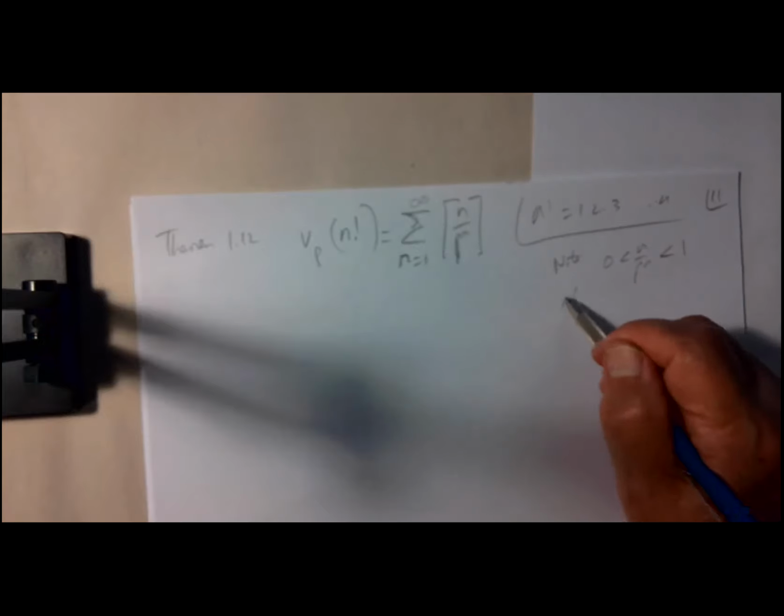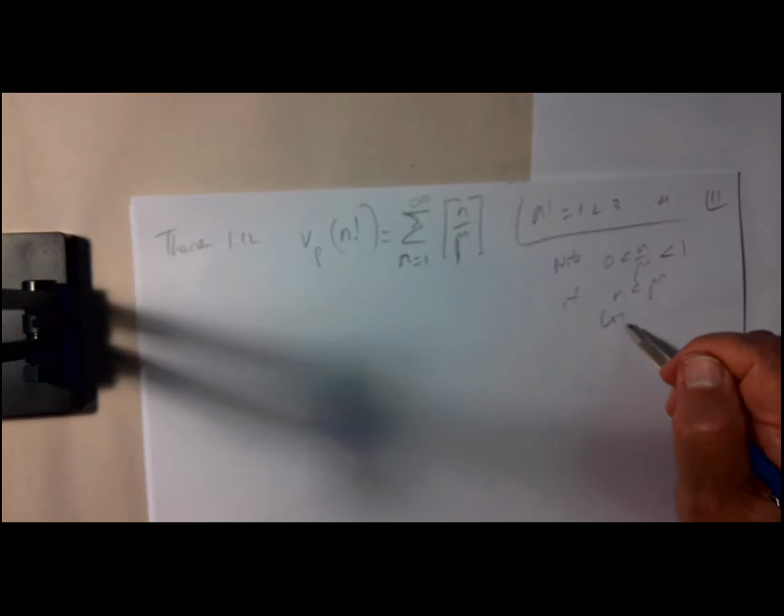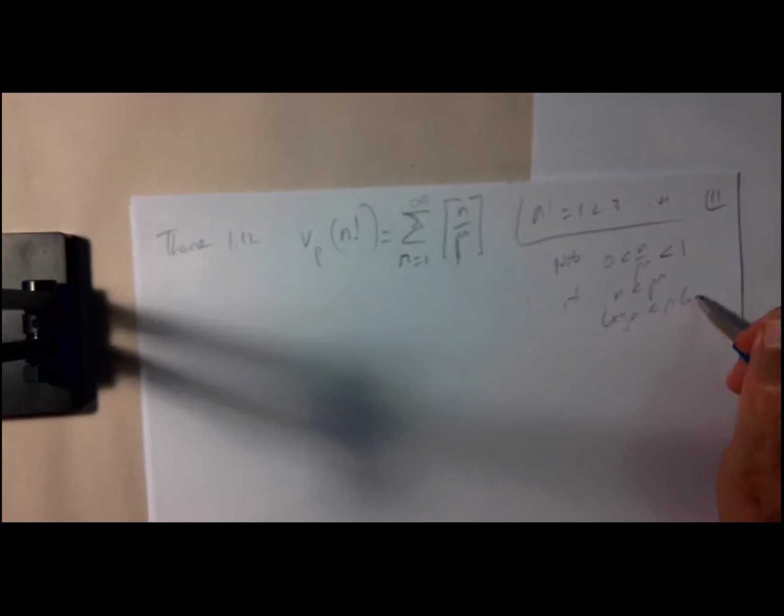It's less than 1 if n is less than p to the r, or if log n is less than r log p, or if r is greater than log n over log p.